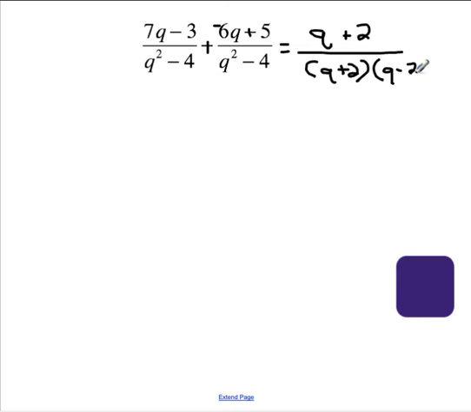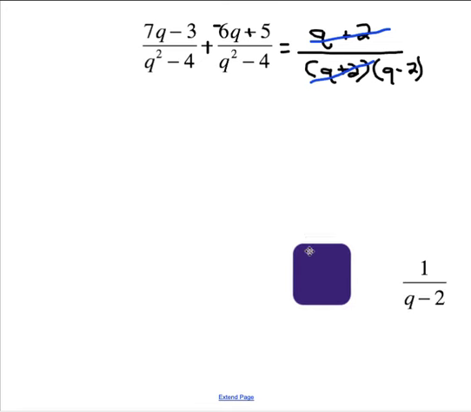Again, I apologize for my handwriting. Now I have a q plus 2 on top and a q plus 2 on bottom. They are common factors, and so my final answer is just a 1 on top and a q minus 2 on the bottom. And so 1 over q minus 2.